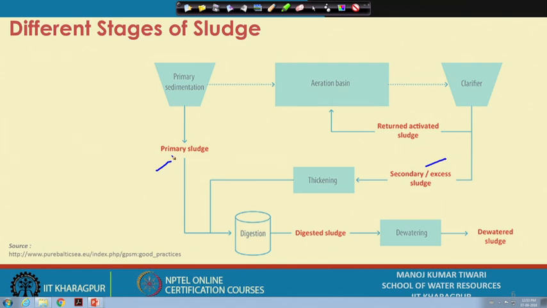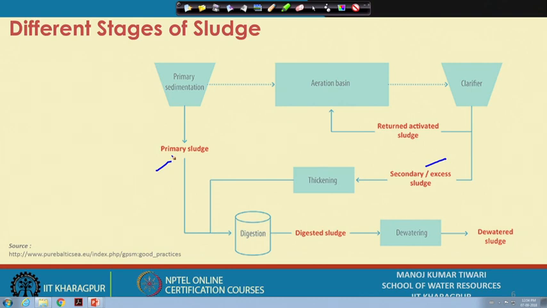This volume gives us the potential of reducing the volume. Similarly, we can reduce the mass if we reduce the water content and increase the solid content. Part of the water will leave the system, so the total mass and total volume occupied by the sludge will also reduce.